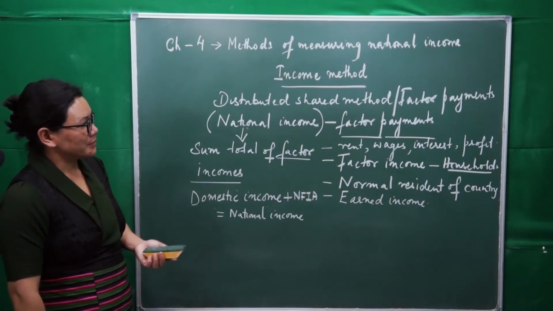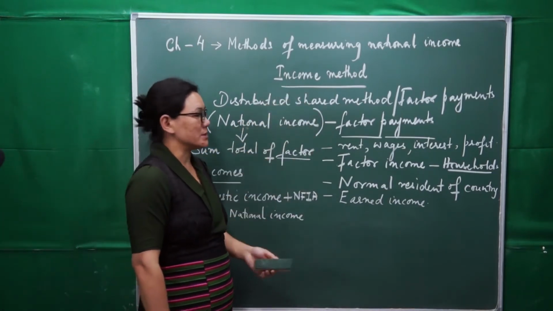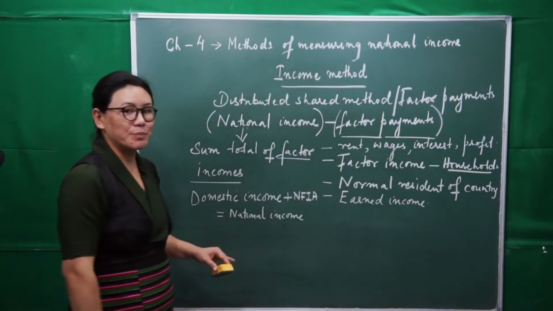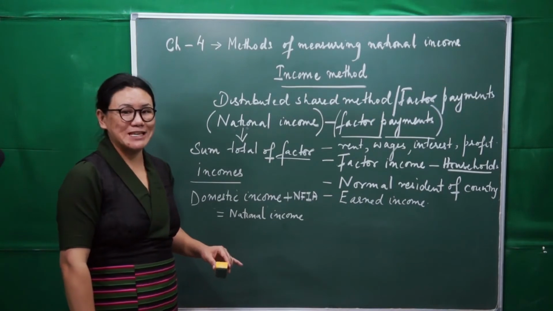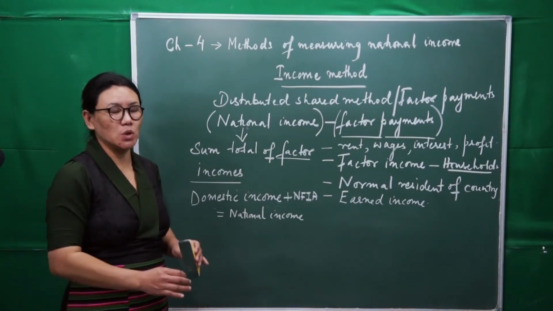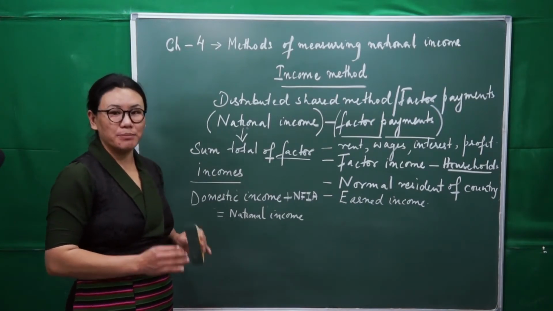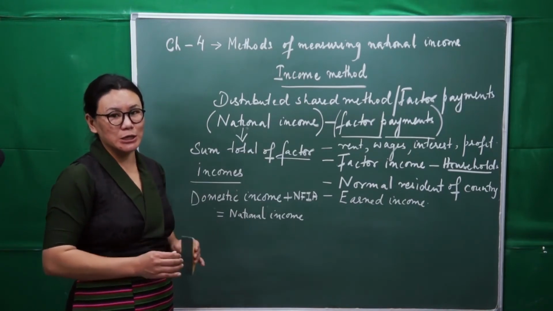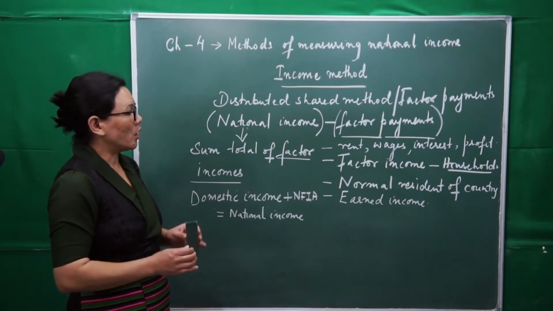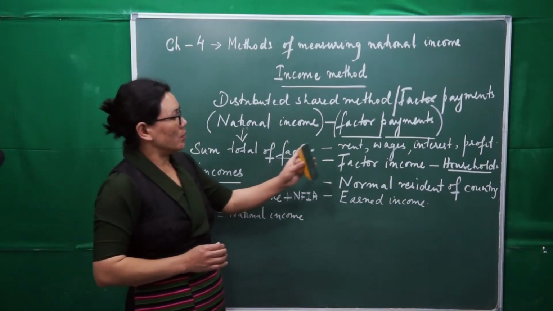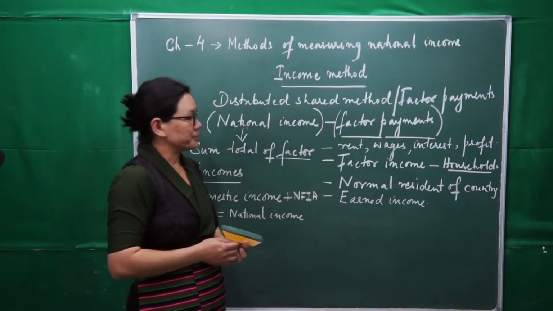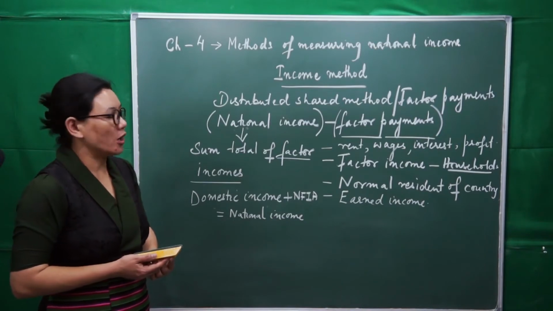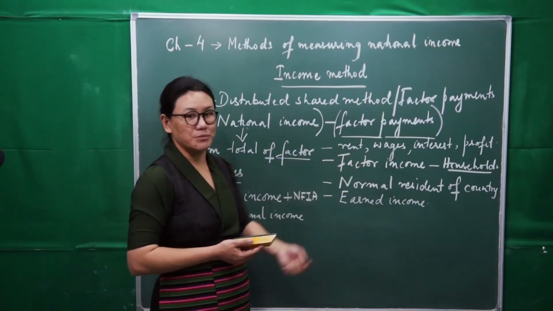Now I said, in this income method, factor payments become very important. We have to see the total factor payments, or measure total factor incomes. Right? Okay. Now we go for the classification of factor payments, or we can say factor incomes.